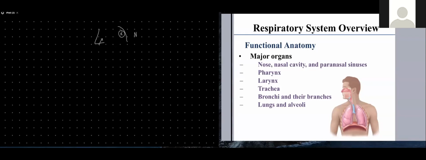This is called my nasopharynx. And then the air moves down to the part of the pharynx located posterior to the oral cavity. This is going to be my oropharynx. And then down to the part of the pharynx located posterior to my voice box, or the larynx. This is called the laryngopharynx.